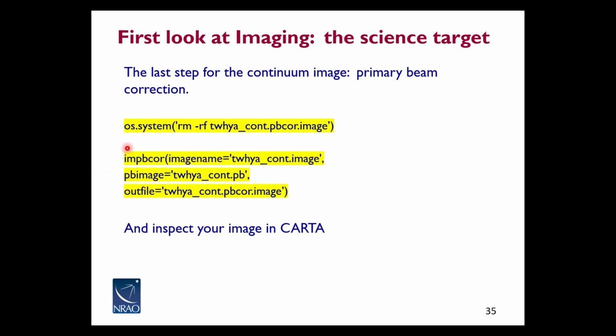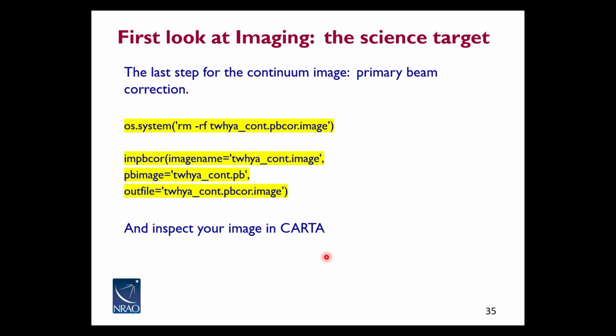So ignore this, remove this, and do impbcor, and input the image we cleaned, and it will output a PB corrected image. And we can see how that is different from before correction.